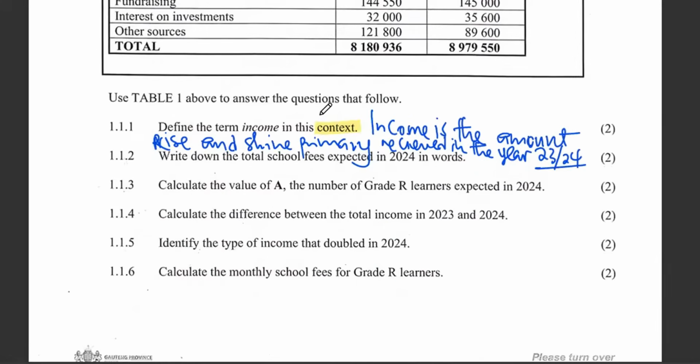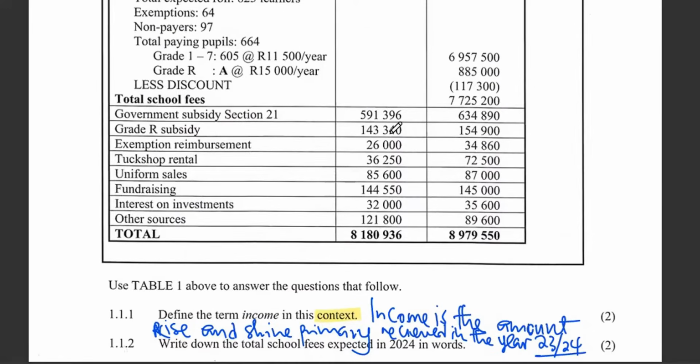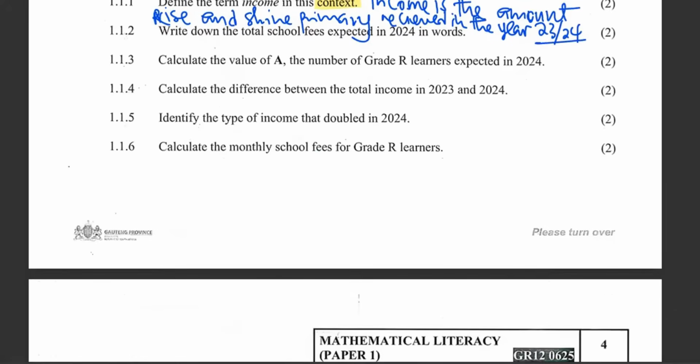So they're asking us to define the term income in this context. We are looking at the amounts of money received by Rise and Shine Primary in 2023. Income, money coming in.